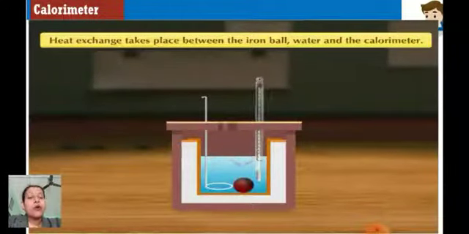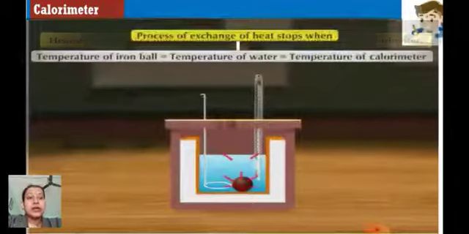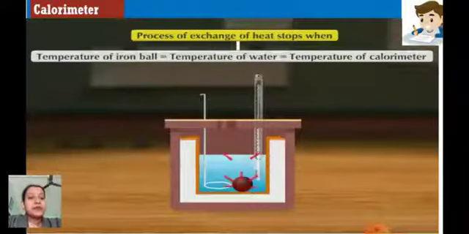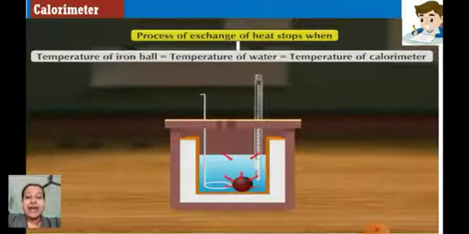It will go on exchanging heat till the temperature of all three things, that is the iron ball, the water, and the calorimeter or inner vessel, becomes the same.